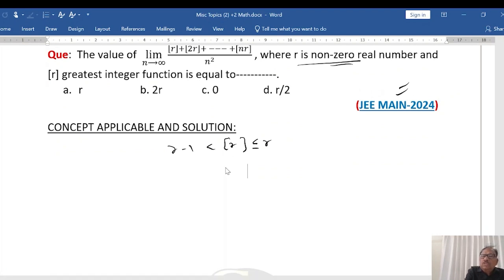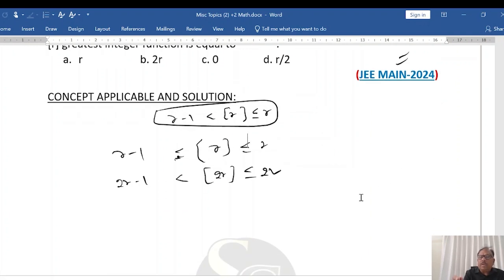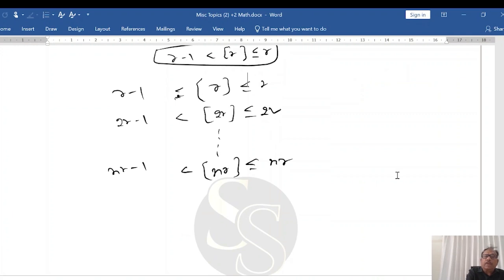So, r is less than or equal to r, greater than r minus 1. 2r less than or equal to 2r, greater than 2r minus 1. Right? And up to nr less than or equal to nr, greater than nr minus 1.